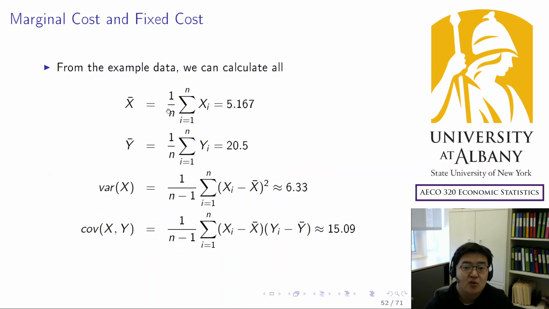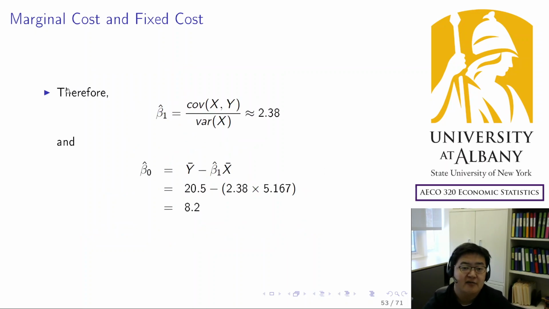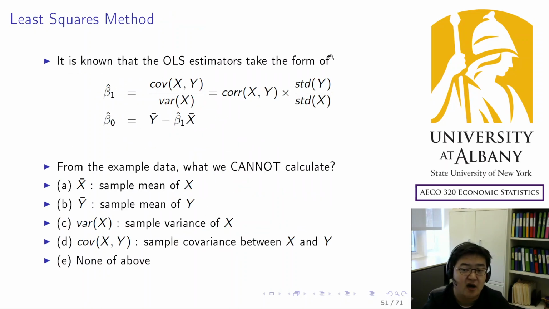So from the example data, you can calculate these mean, variance, covariance. Not a problem at all. You know how to do them. And then from there, you can calculate the slope and the intercept. Not a problem at all. So just in case you wanted to calculate the OLS estimators by yourself, this is how you do it.